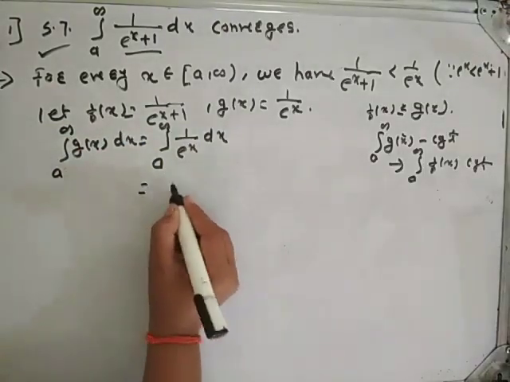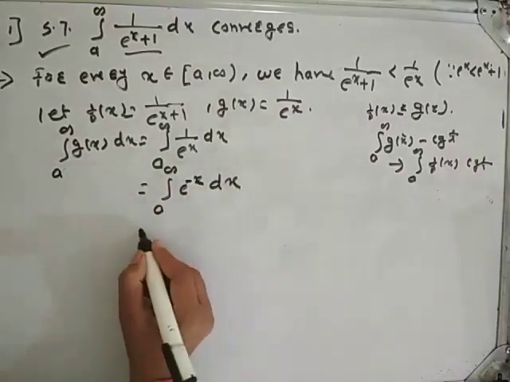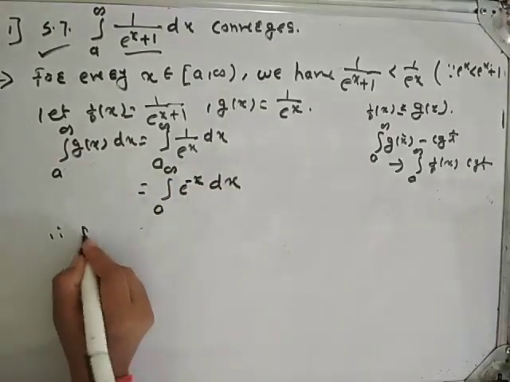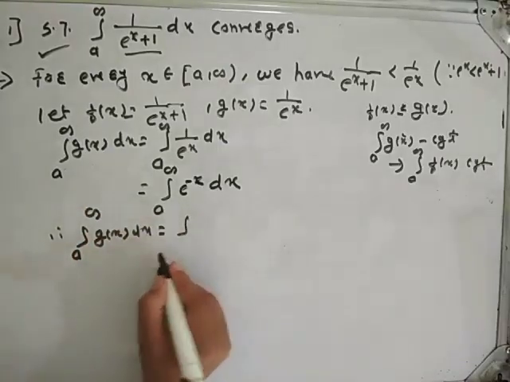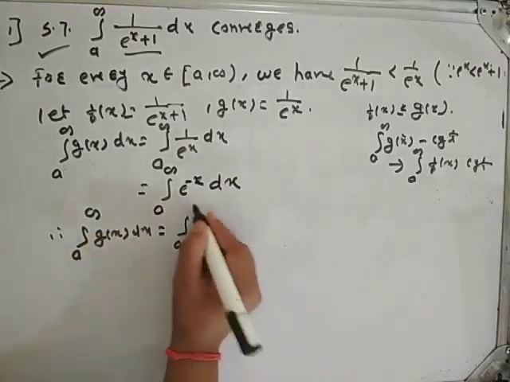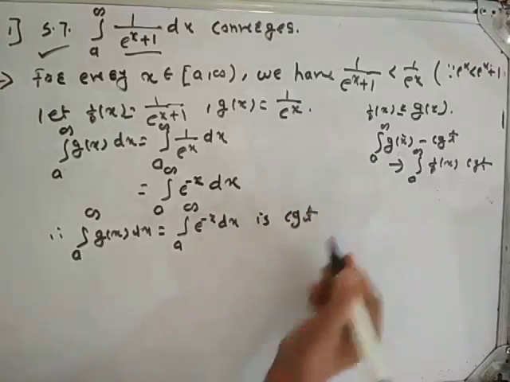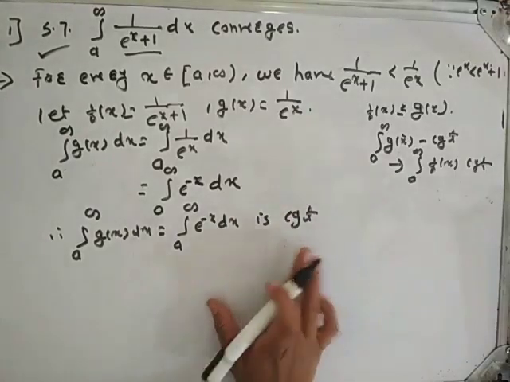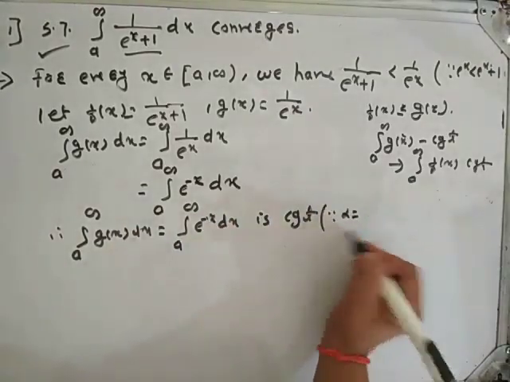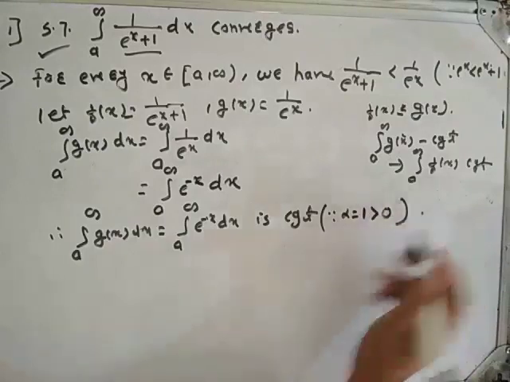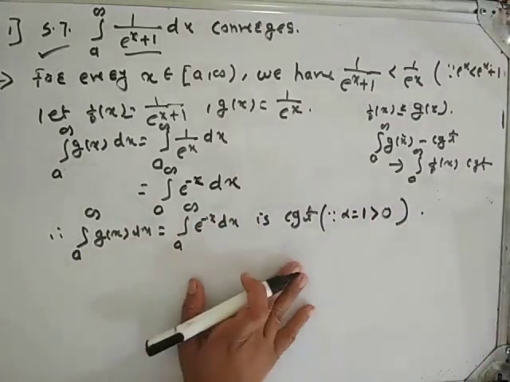This can be written as integration from a to infinity e raised to minus x dx, and this is convergent. Why is this convergent? Because in the previous video we have seen that here alpha is equal to 1, which is greater than 0. That's why this type of integral is convergent.